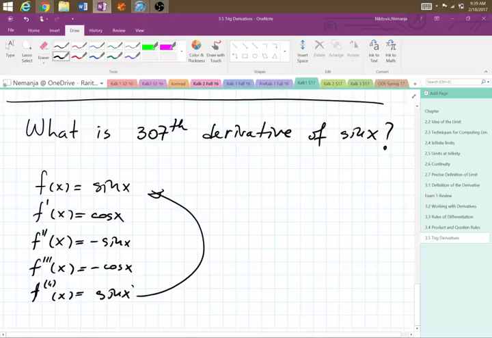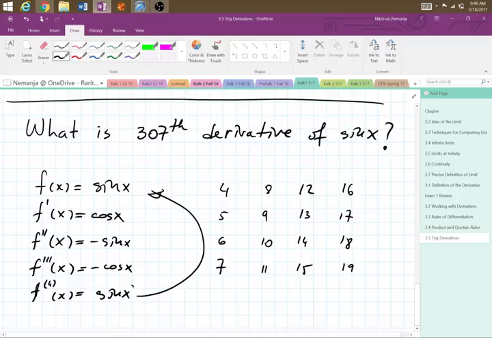So this is going to be the fourth, fifth, sixth, seventh. Recycle. 8, 9, 10, 11. Go back. 12, 13, 14, 15. Go back. 16, 17. And you just keep writing until you reach 307. Or you do what you did, which is divide by 4 and look at the remainder, right?